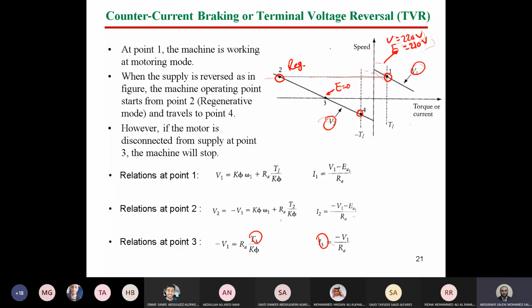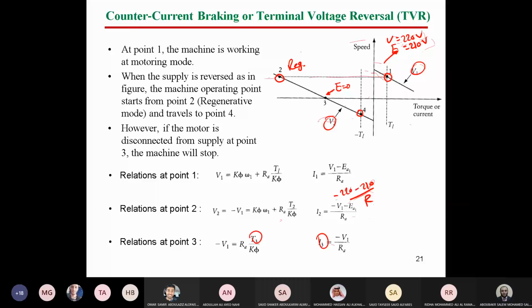So if you reverse the electrical torque and operate at point 2, in terms of the same values, it will be minus 220 minus 210 over the value of resistance. So what happened to the current here? Increase.